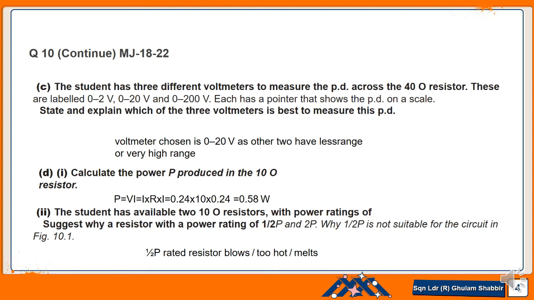So that resistor might not be suitable to use. Yes, a double power resistor can be used, because then it will not blow. Though it will not consume the full energy, it will not blow.